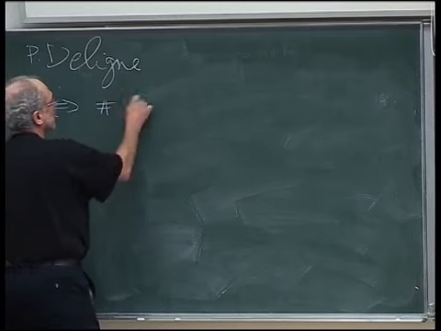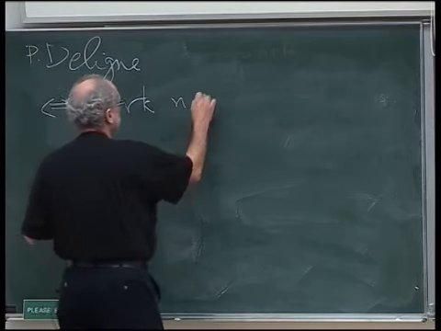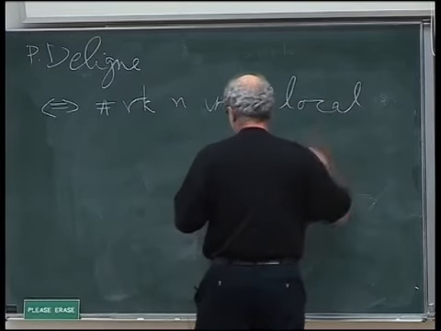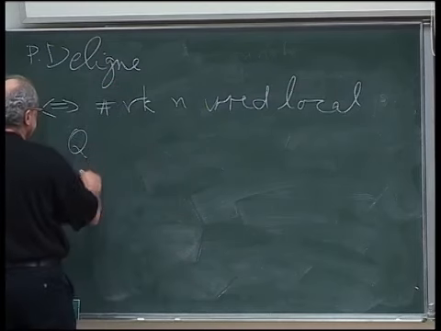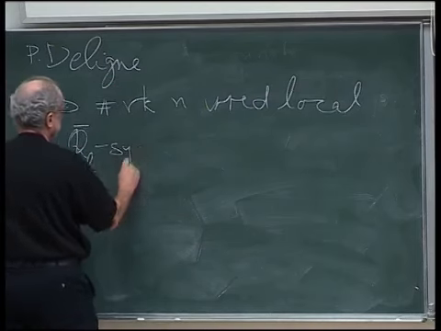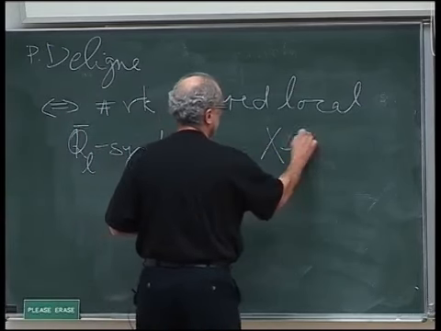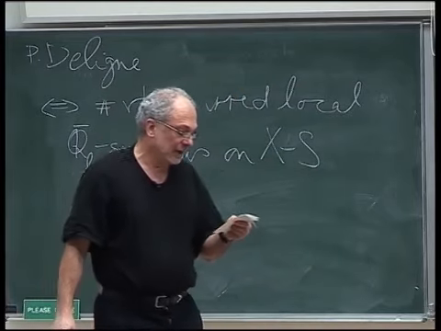So it will be the number of rank n irreducible local systems on the affine curve.